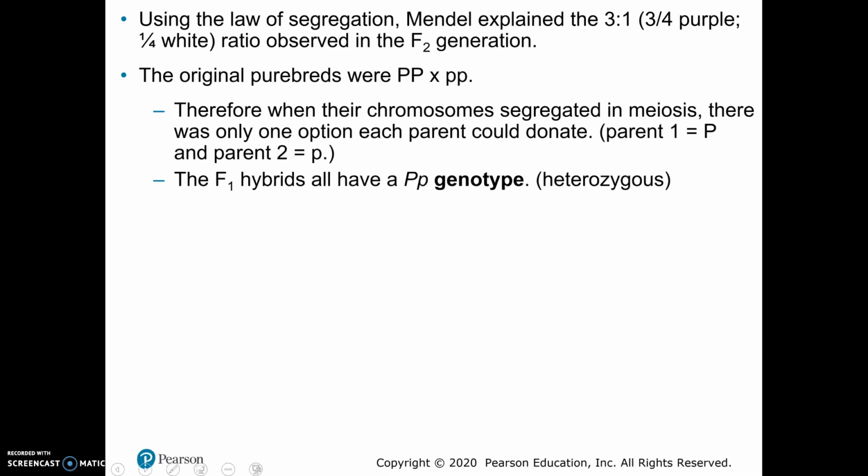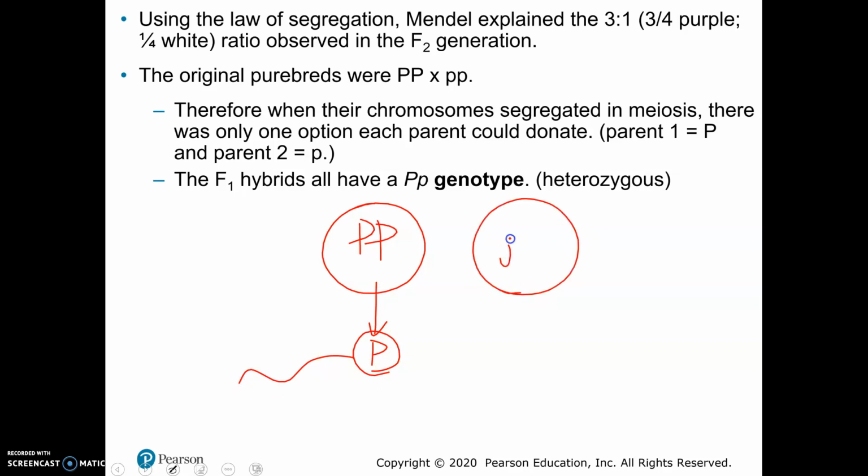That means that they only had one option during meiosis. So this one goes through meiosis and randomly gives something. The only option is capital P. The other parent goes through meiosis. The only option is little p. And that means the offspring, there's only one option, big P, little p, which we just said would be purple.